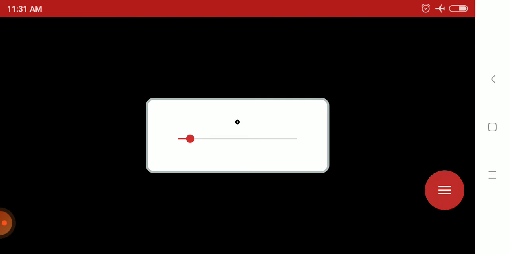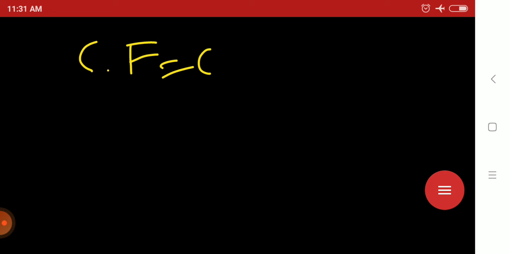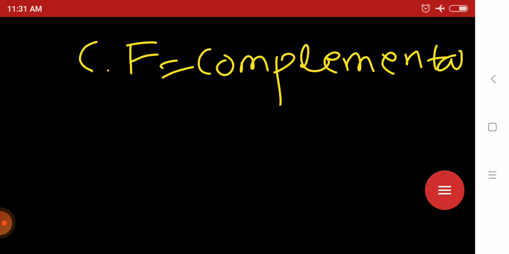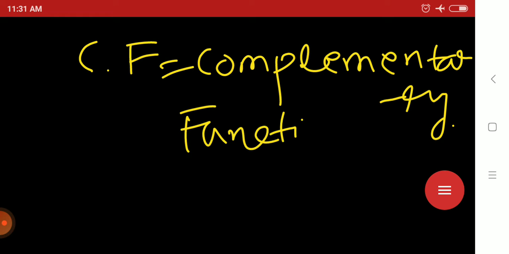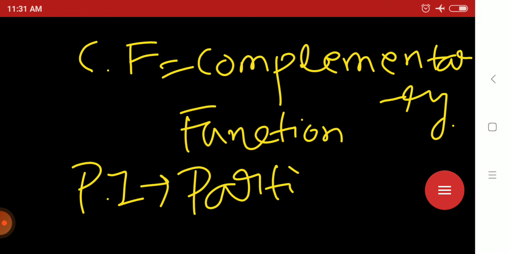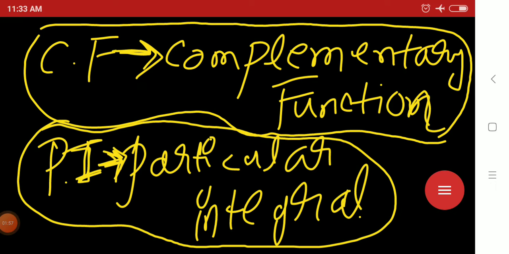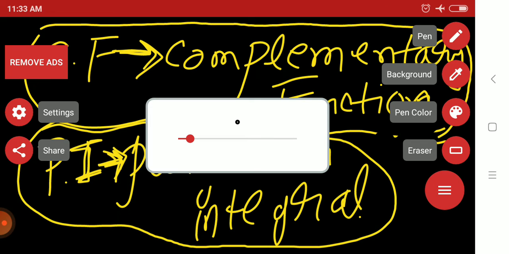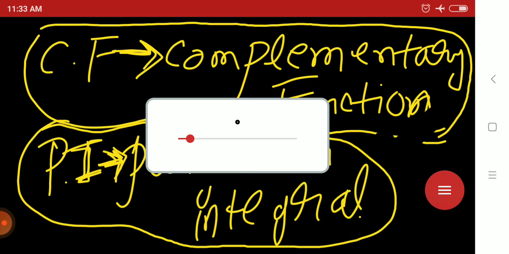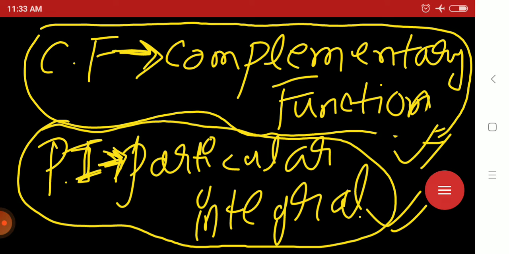The solution contains one part, CF, that is complementary function, and another part, PI, particular integral. So in case of non-homogeneous second order differential equation, the solution will contain both the complementary function and the particular integral.